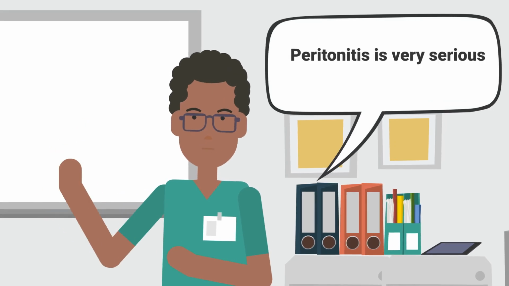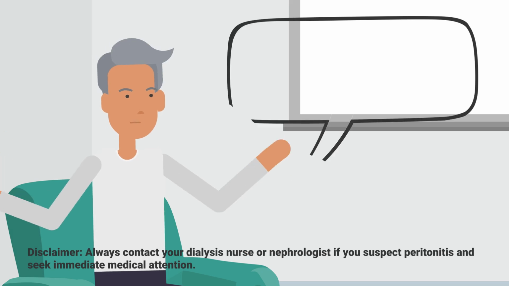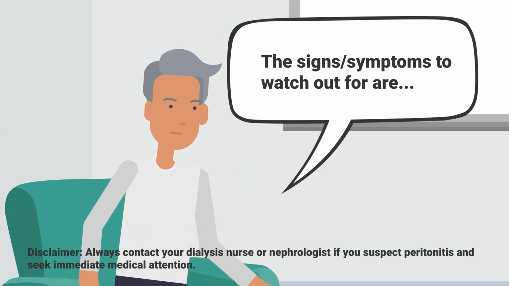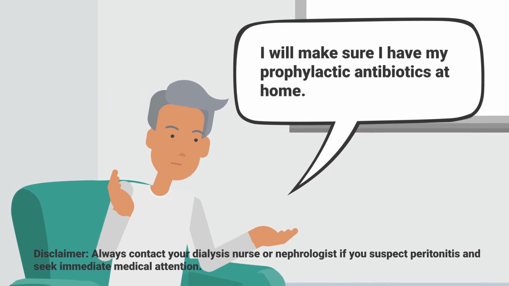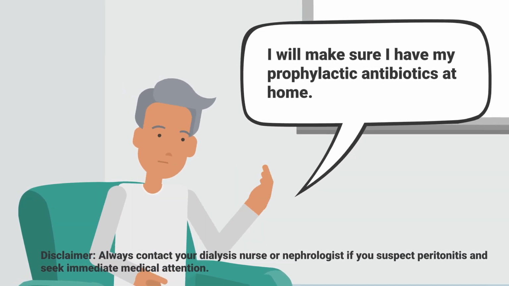Peritonitis is life-threatening and requires immediate treatment to avoid sepsis. PD patients are trained to recognize the signs and symptoms and know how to respond, often with intraperitoneal antibiotics until further medical care is received.